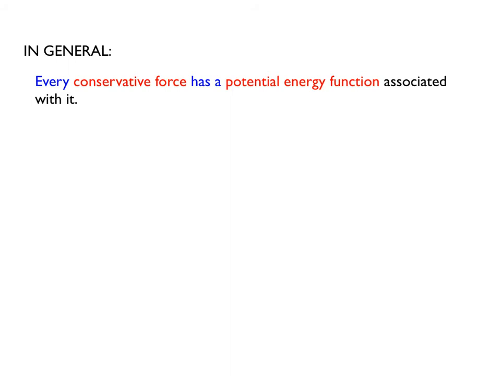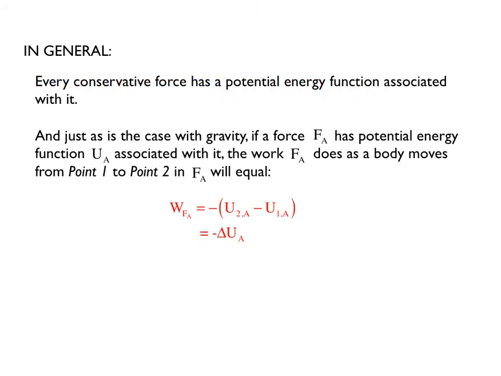We may not know what that potential energy function is, but every conservative force has the possibility of a potential energy function. That potential energy function will be such that if you evaluate it at the beginning of the interval that you're interested in, and you evaluate it at the end of the interval that you're interested in, and you take the difference between those two quantities and stick a negative sign out in front, it will tell you how much work that force function did as the body went from point 1 to point 2.